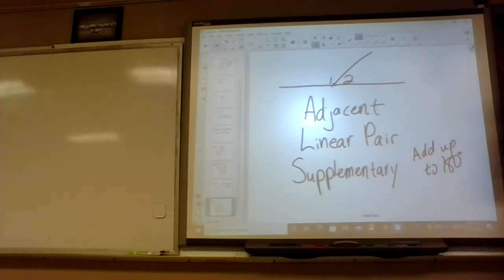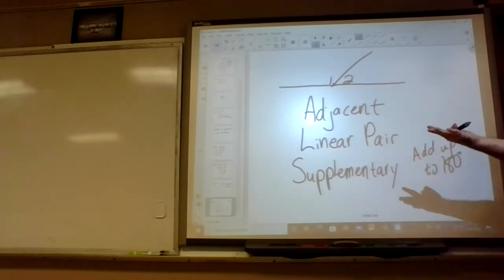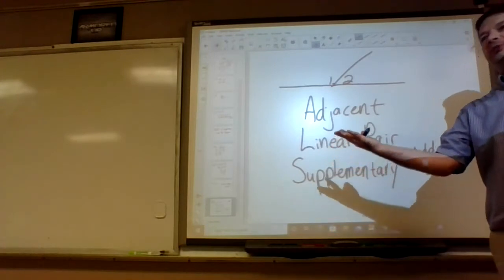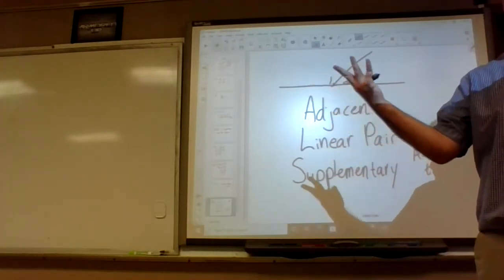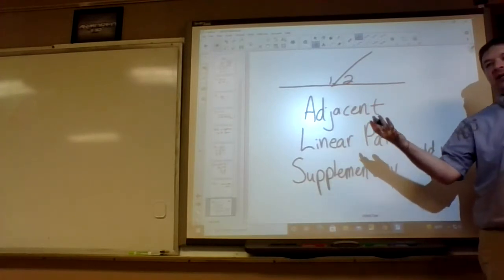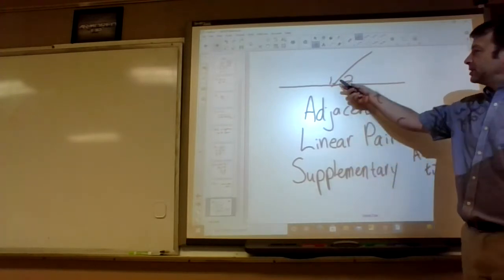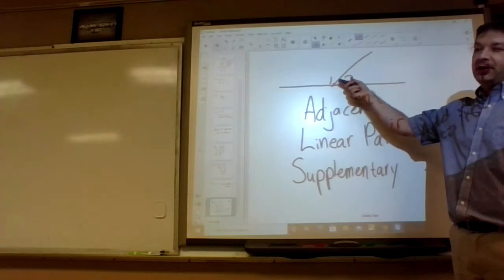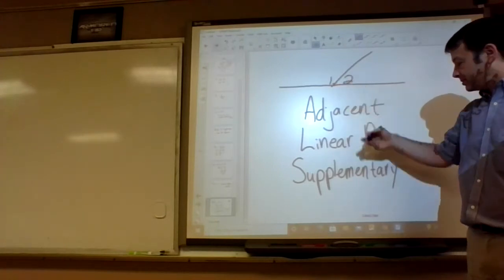So two angles that add up to 180. If one angle is 100 degrees, what's its supplement? 80 degrees. If one angle is 90 degrees, what's its supplement? 90. So linear pairs are, you could say, supplementary angles every time.